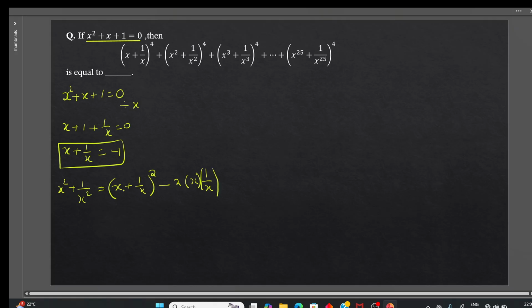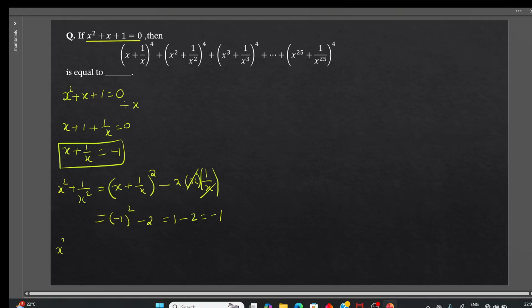We know (a plus b) whole square is equal to a square plus b square plus 2ab, so this transposition becomes minus 2ab. The x cancels. Here the x plus 1 by x value is minus 1, so minus 1 whole square minus 2. Minus 1 whole square means 1, and 1 minus 2 is equal to minus 1. This is the x square plus 1 by x square value.